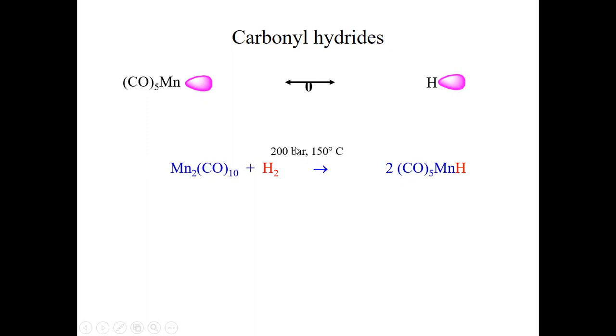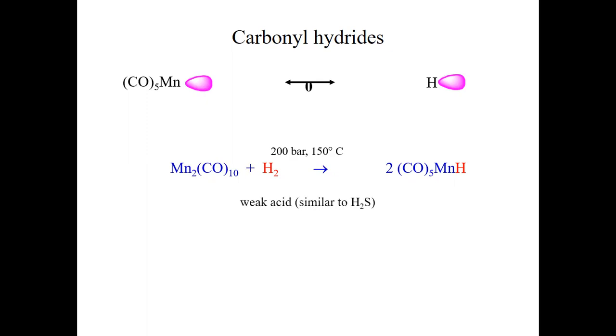So the energy levels of the manganese are of course not exactly the same as the energy levels of the cobalt. So the highest occupied molecular orbital of the Mn(CO)5 fragment has a different energy than that of the Co(CO)4 fragment. Therefore, the polarity of the metal-hydrogen bond is different, and as a result of that, also the acid-base properties of the molecule are different.